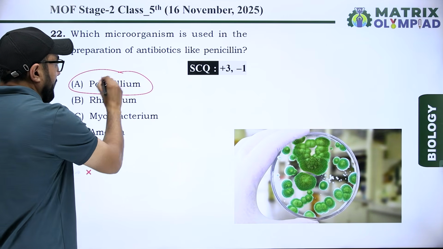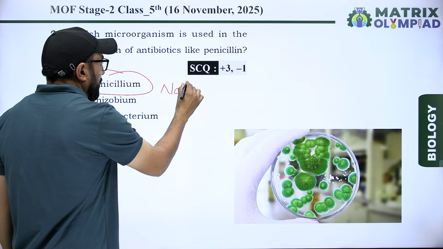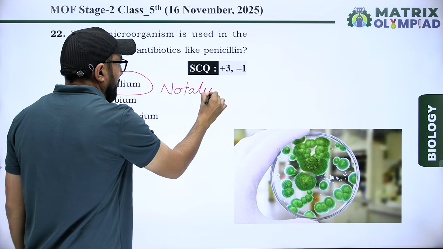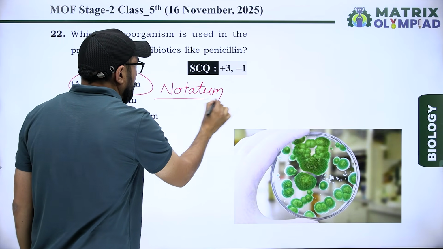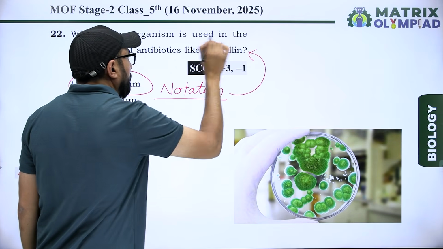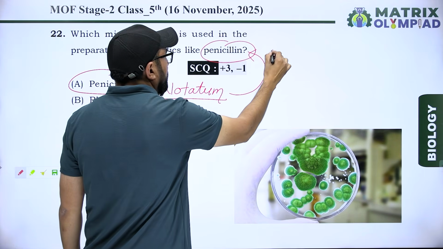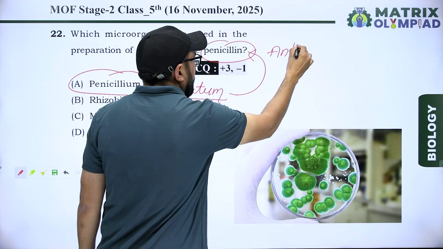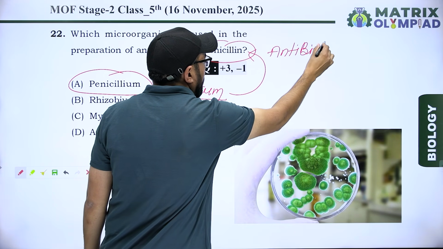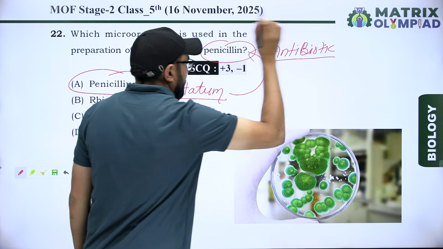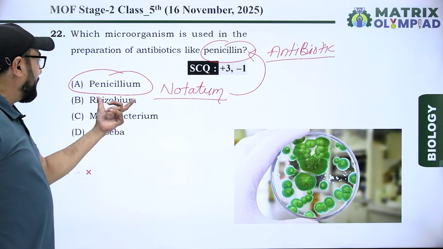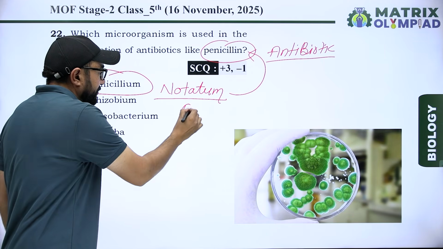Penicillium notatum is used for the production of penicillin. Penicillin is the first antibiotic in life science. So our right answer is option A.